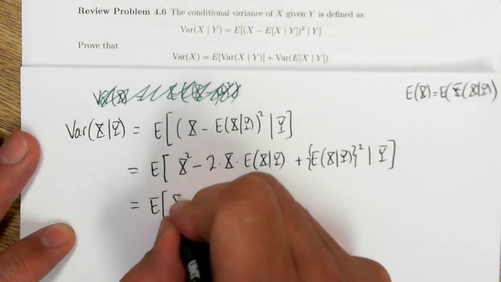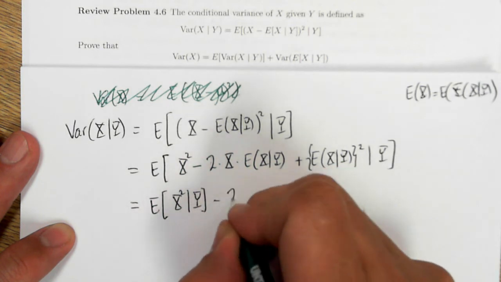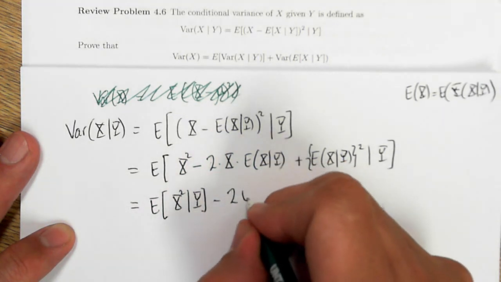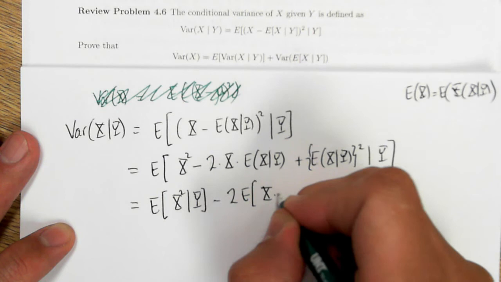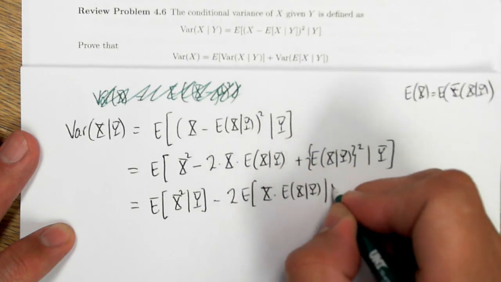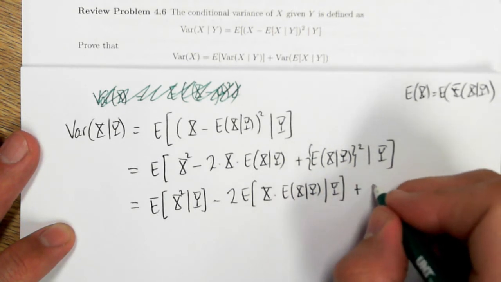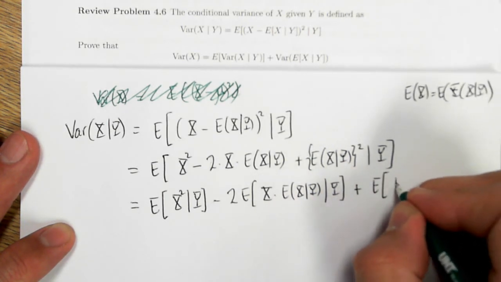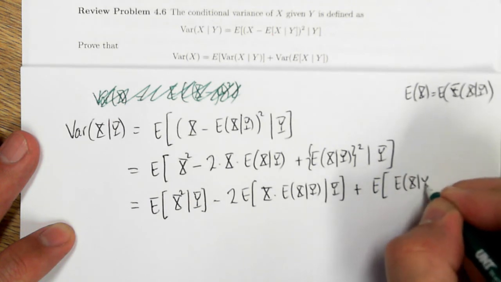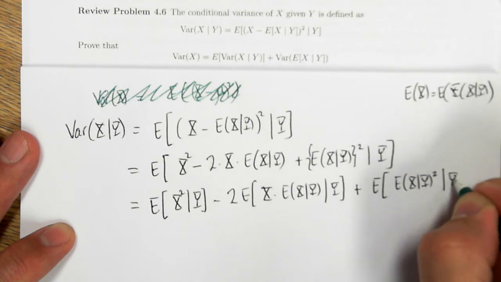Expected value of X squared given Y, minus 2 times the expected value of X times the expected value of X given Y. And then we have plus the expected value of X given Y squared given Y.